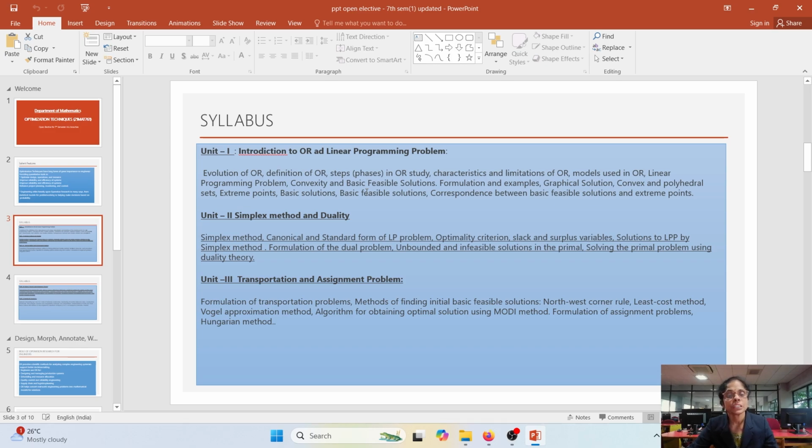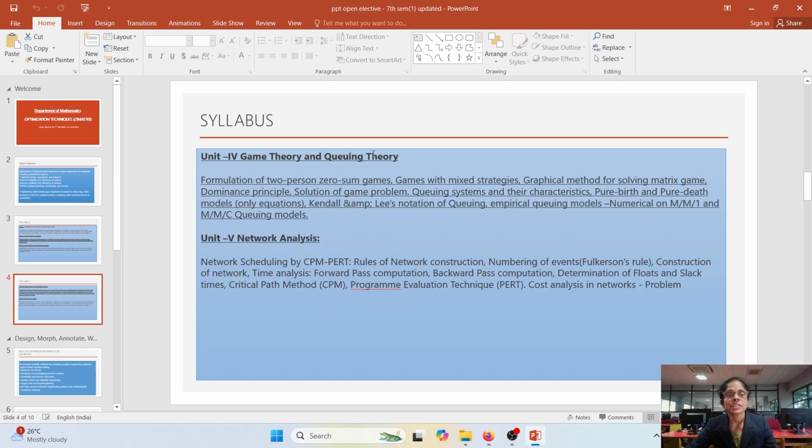Here we are learning formulation of transportation problem, methods of finding initial basic feasible solution, northwest corner rule, algorithm for obtaining optimal solution using the MODI method, formulation of assignment problem and the Hungarian method, and so on.